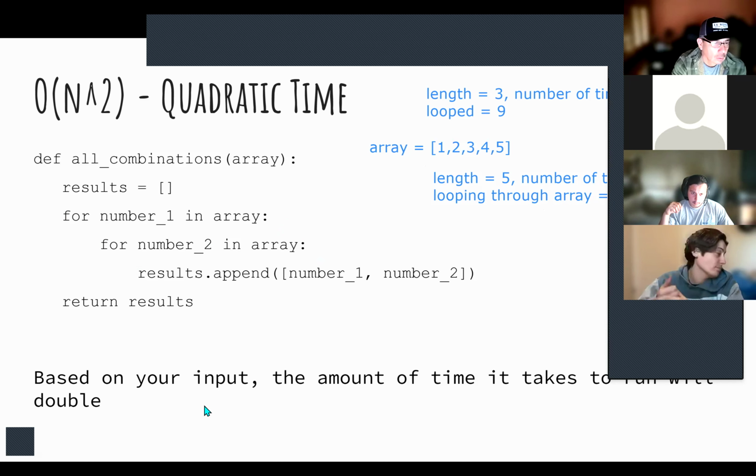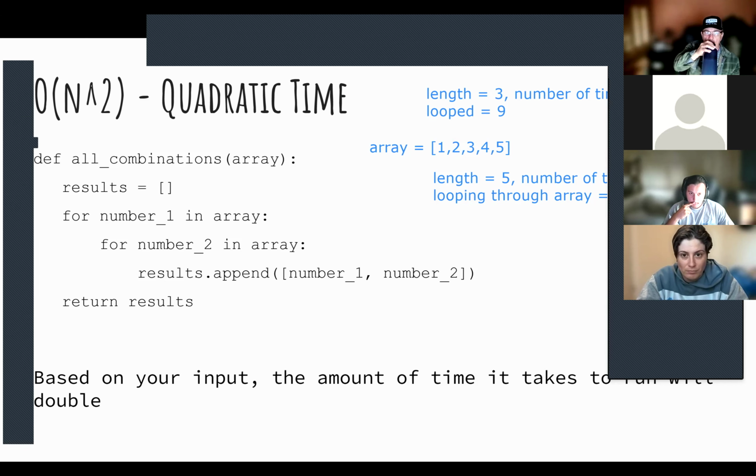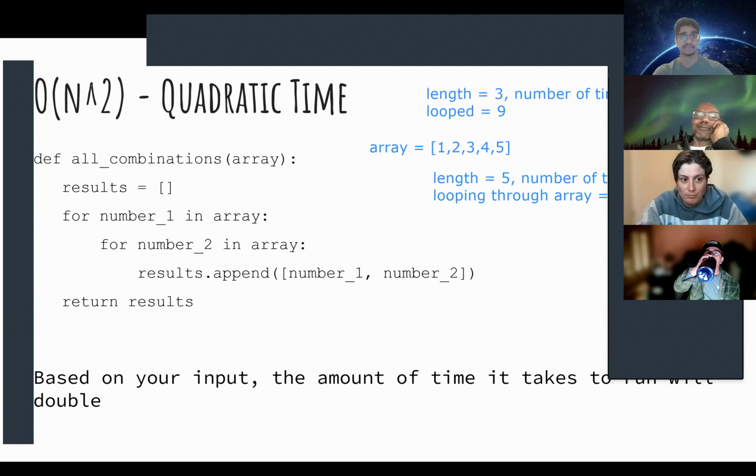Not 1,000. Close. 10,000. Yep. 100 squared. So this is the value of big O notation: it lets you predict, number one, how many times you can loop through something, but also how long it can take.